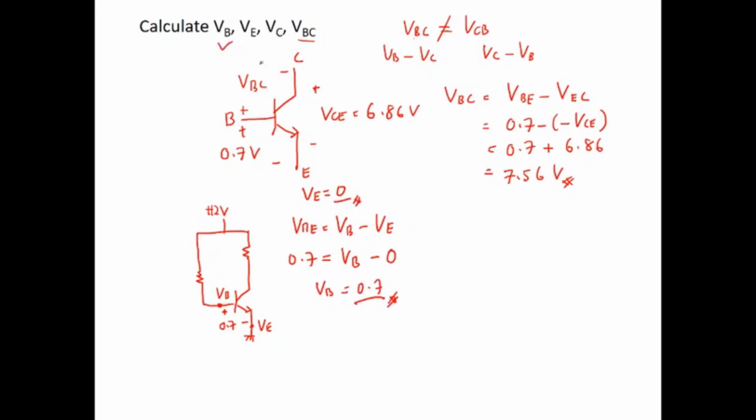Okay, we have calculated VB and VE. And then you see this one, the VCE is 6.86 volt. VCE is equal to VC minus VE. VE is ground, so VCE is 6.86 equal to VC minus 0. So VC is equal to 6.86 volt. Okay, this is the answer for this question.